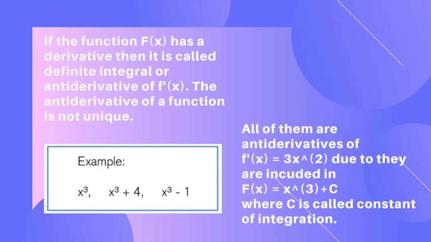The antiderivative of a function is not unique. All of them are antiderivatives of f(x) = 3x^2, due to they are included in F(x) = x^3 + c, where c is called the constant of integration.